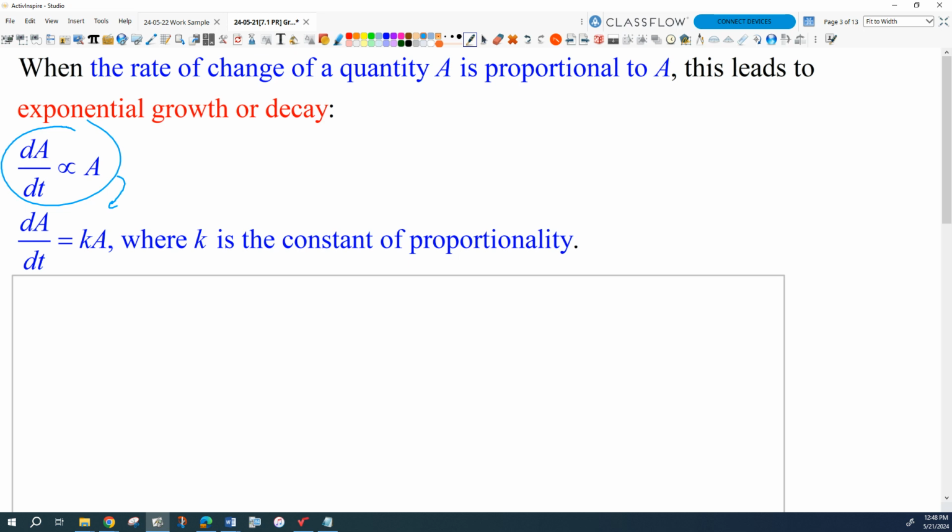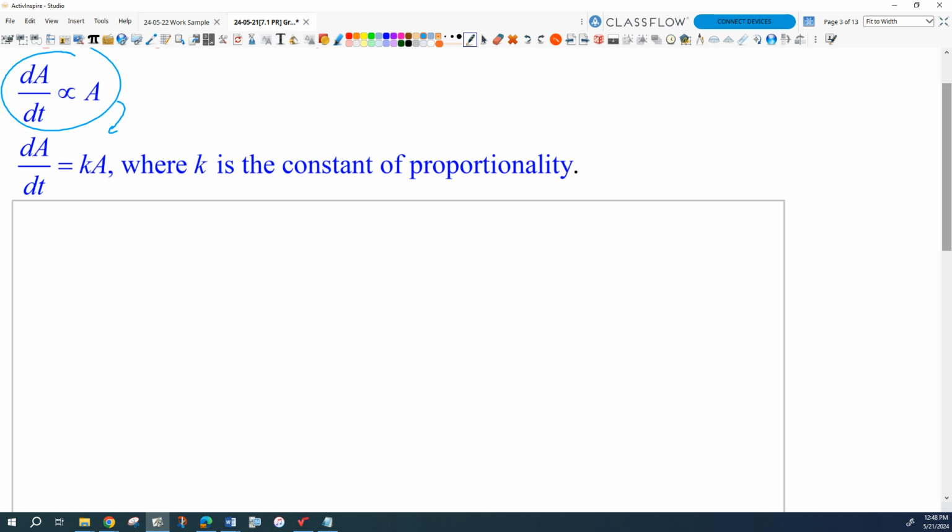If dA/dt equals 4A compared to 2A, what does that tell us? It's double. Faster, yeah. It tells us that the rate is twice as fast if k is 4, where k is the constant of proportionality, but they're both proportionalities.